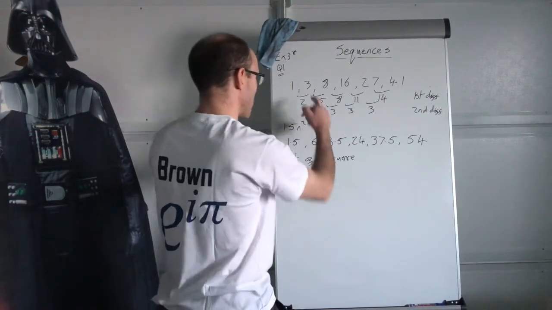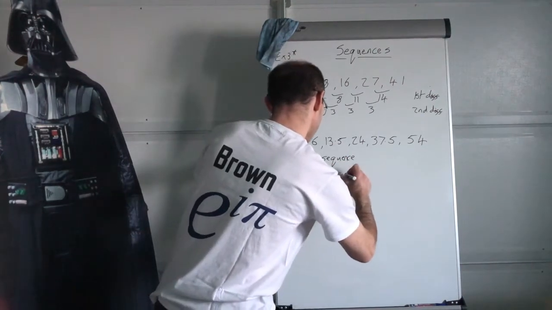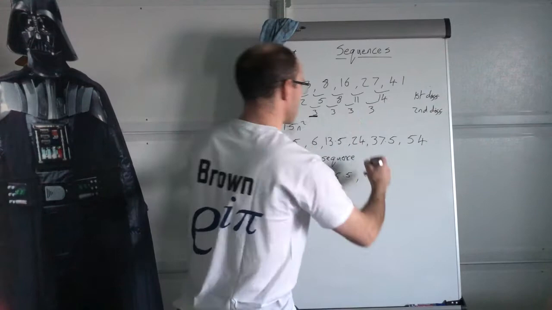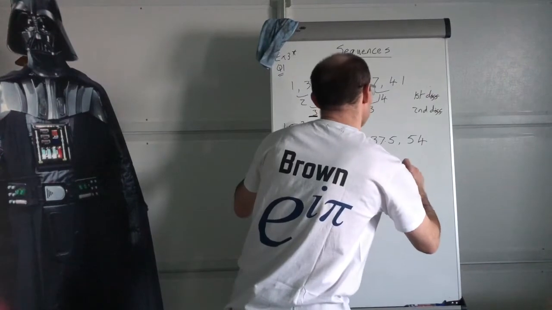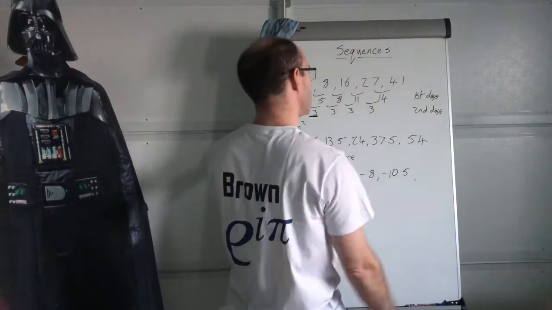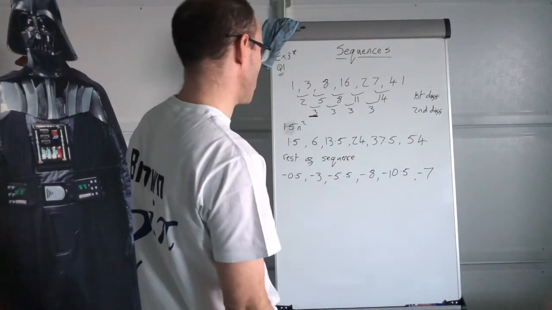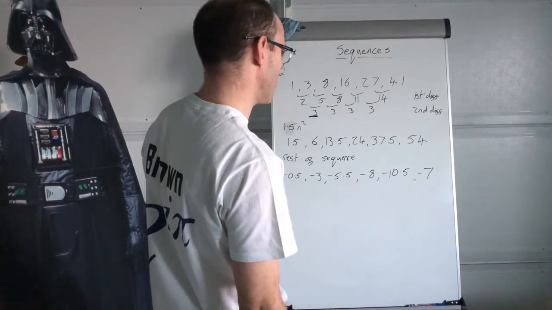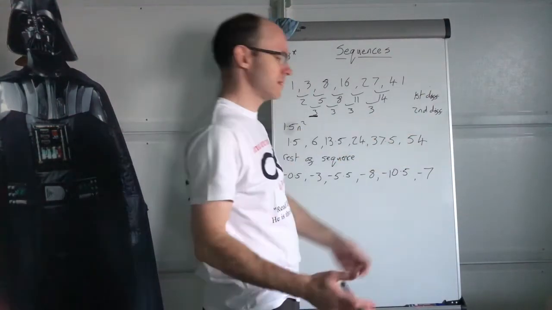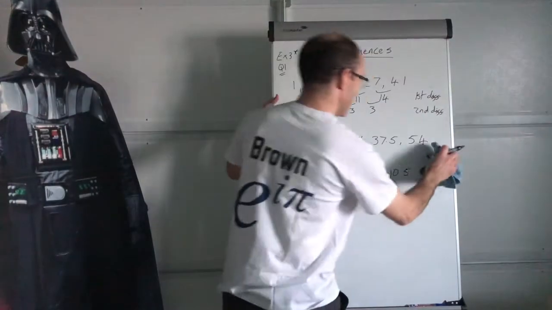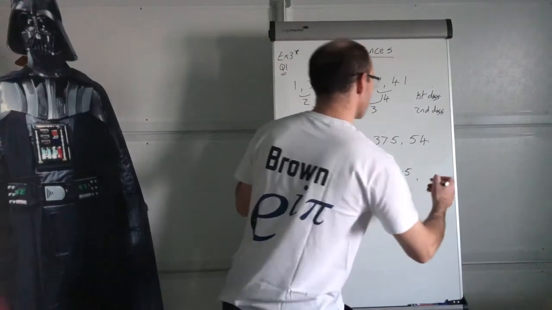If you want 6 subtract 3, that's another subtraction one, isn't it? 13.5 subtract 5.5. 24 subtract 8. 37.5 subtract 10.5, 54 subtract 13.